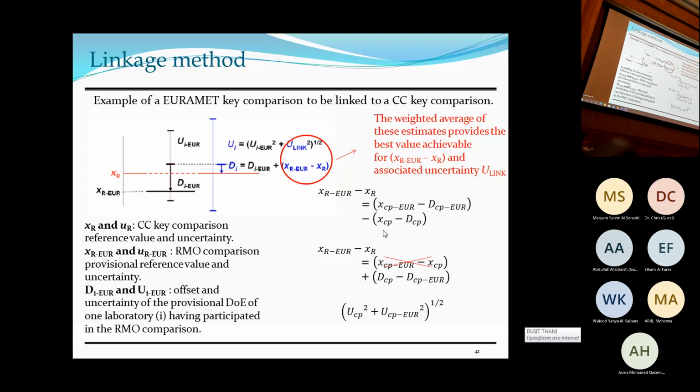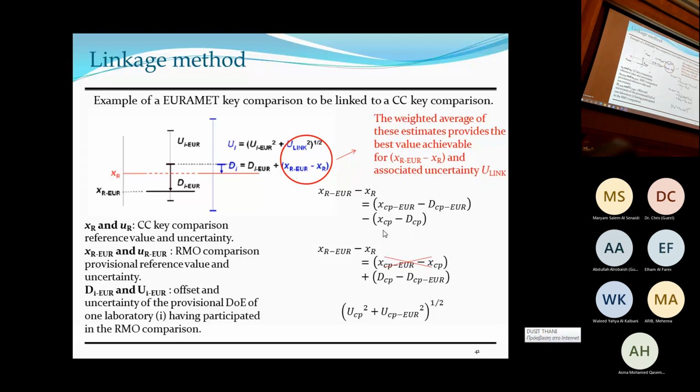There are different levels of this thing, right? So I presume that you cannot have key comparisons for everything out there. So you have key comparisons for some key quantities, some key issues, right? So in mass, for example, you have a key comparison for 1 kilogram.